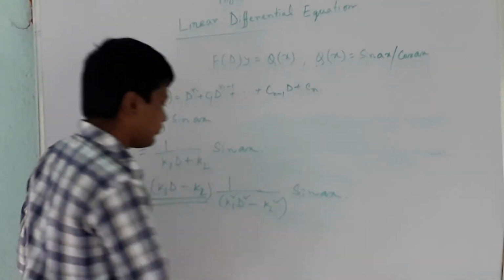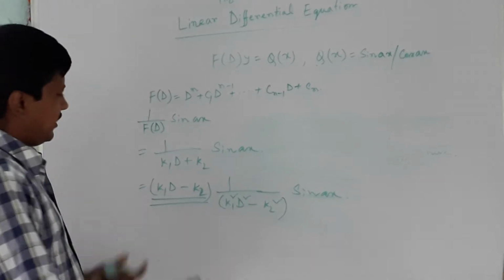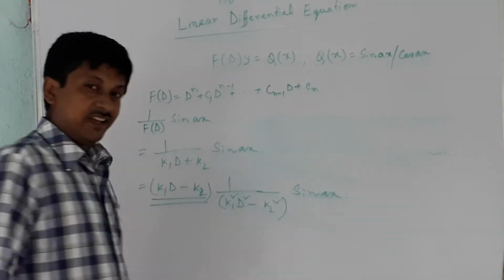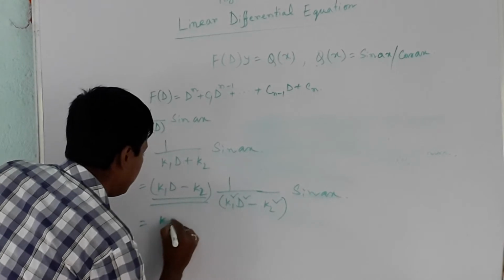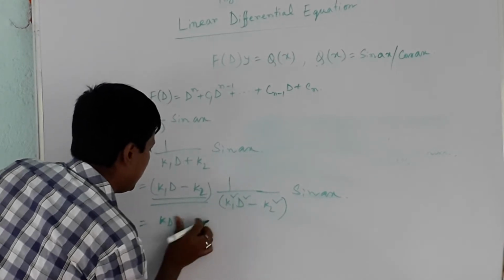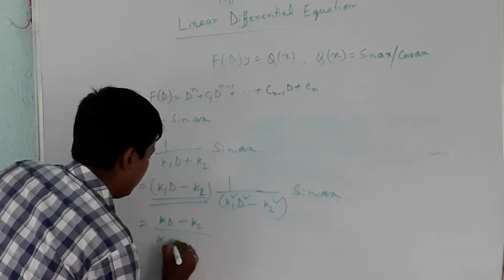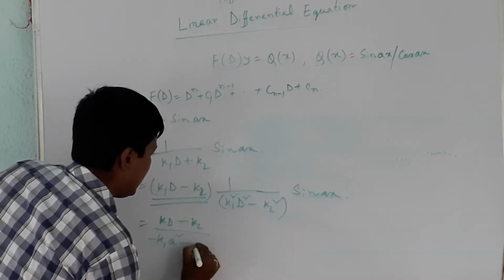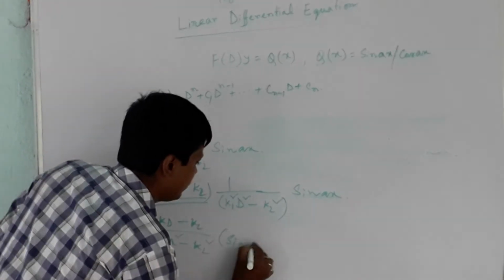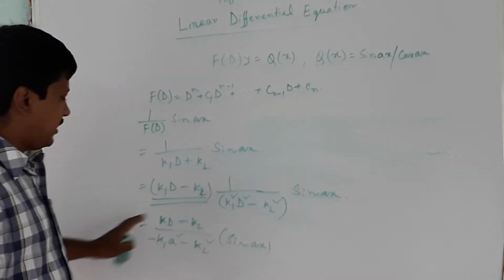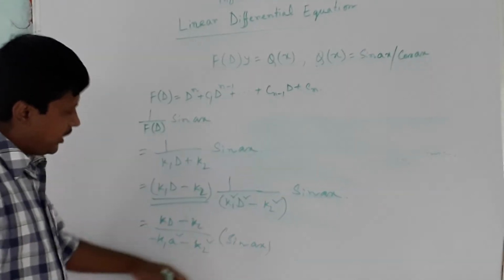Here D square can be replaced by minus a square, and we get the solution as (k1 D minus k2) by (minus k1 square a square minus k2 square) of sin ax.